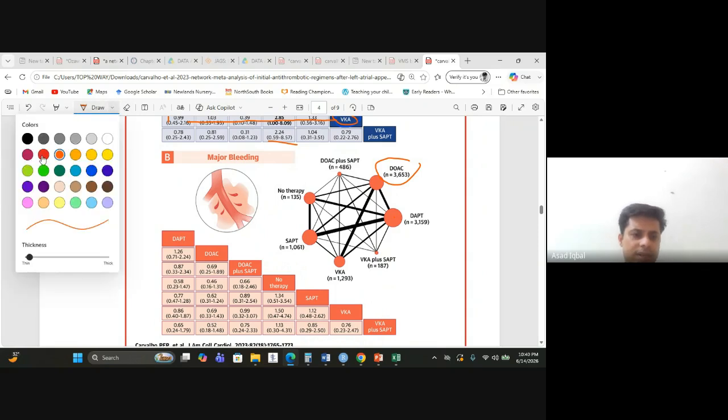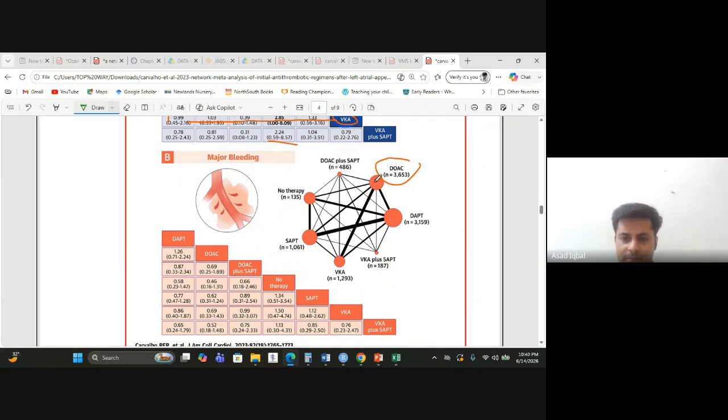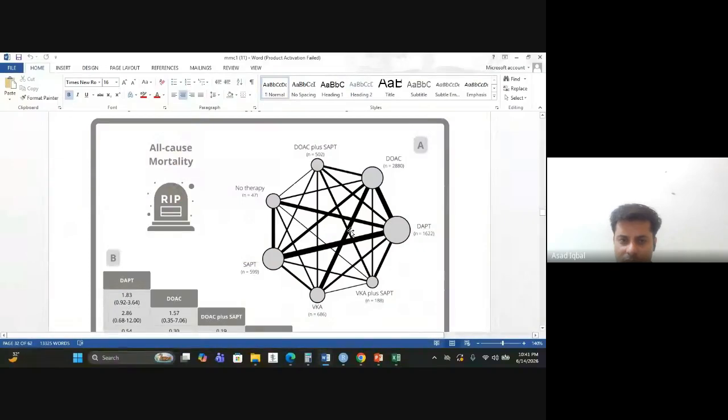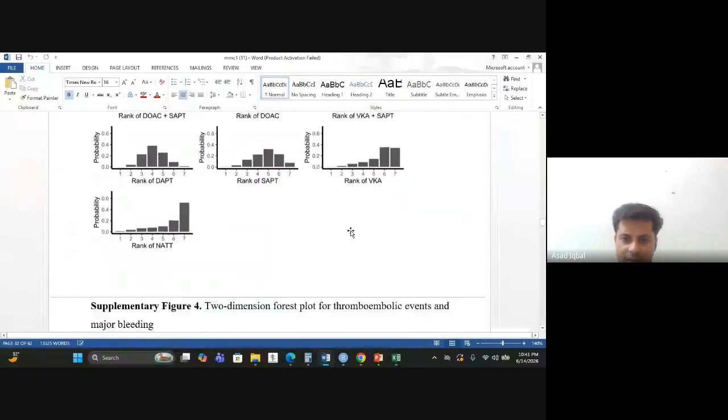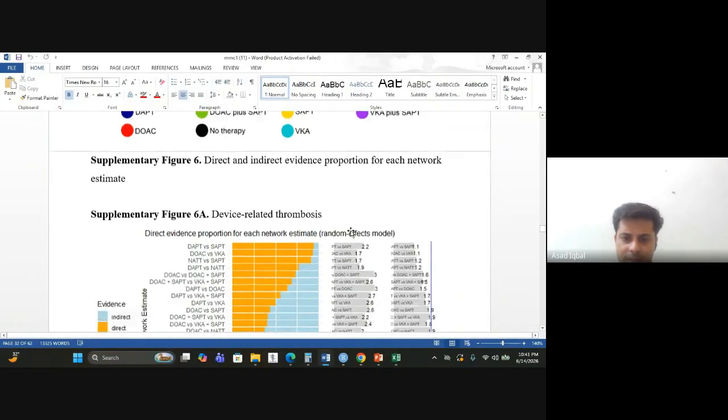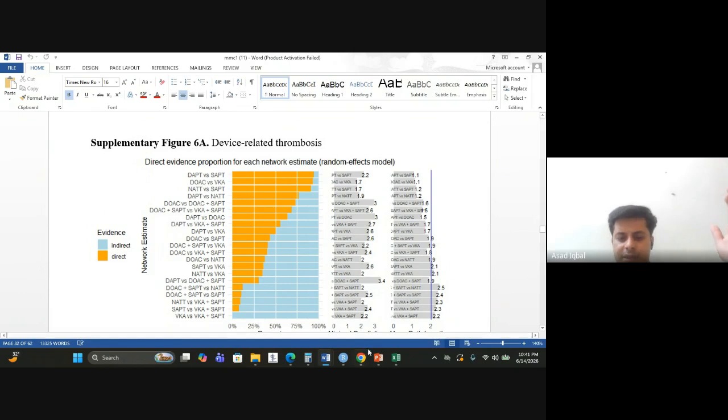Please, please concentrate. Okay, see this. This is comparing two things. DOAC plus SCPT. Oh my god. Let me see what I'm concentrating on. DAPT versus SCPT. Yeah.